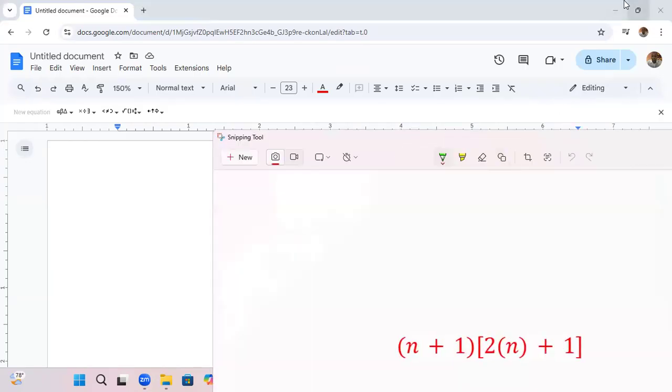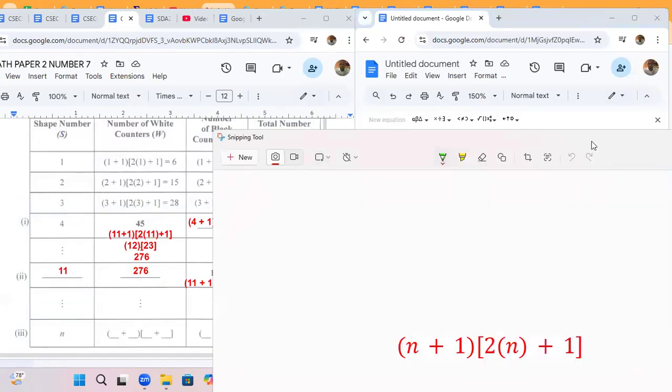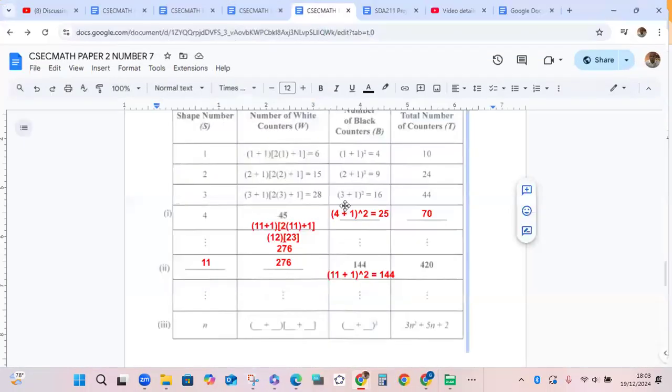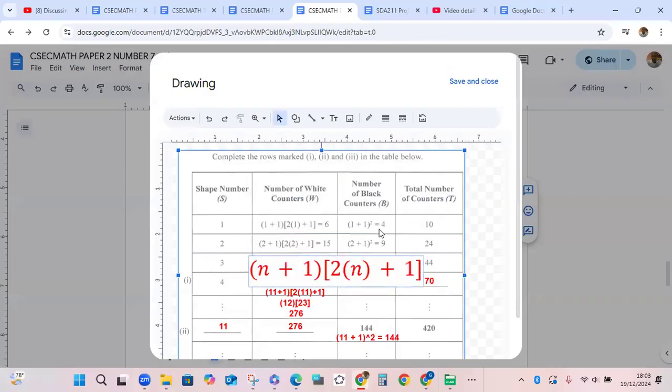We're going to use that as proof for the total number of counters, because they gave us the total number of counters.